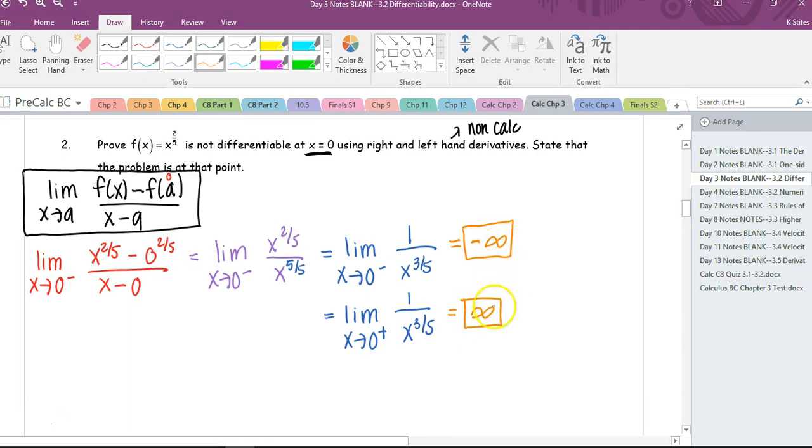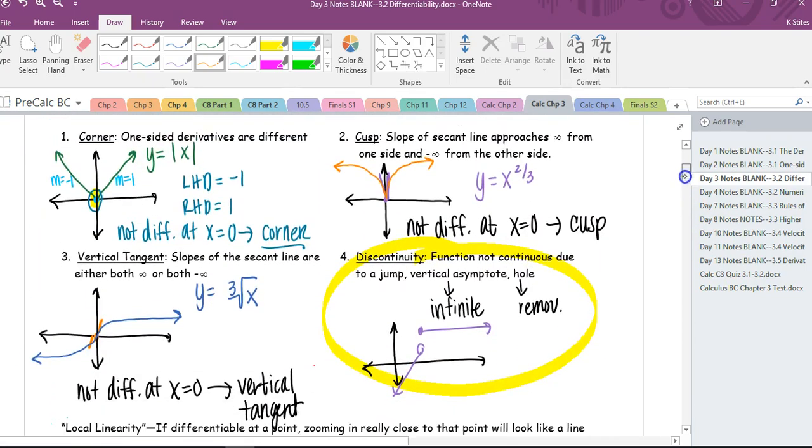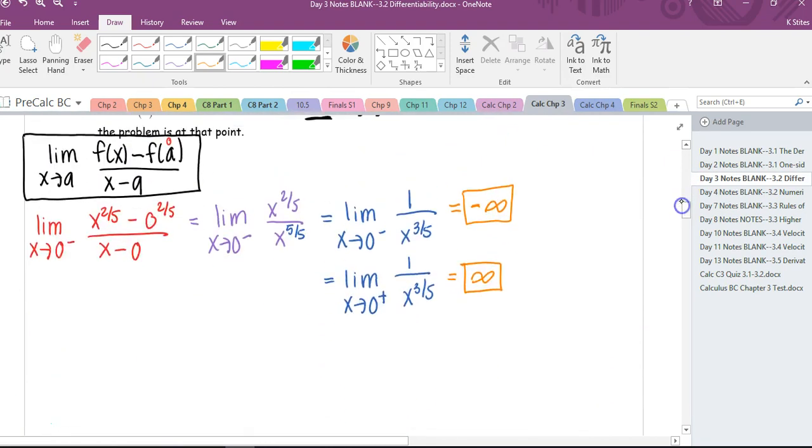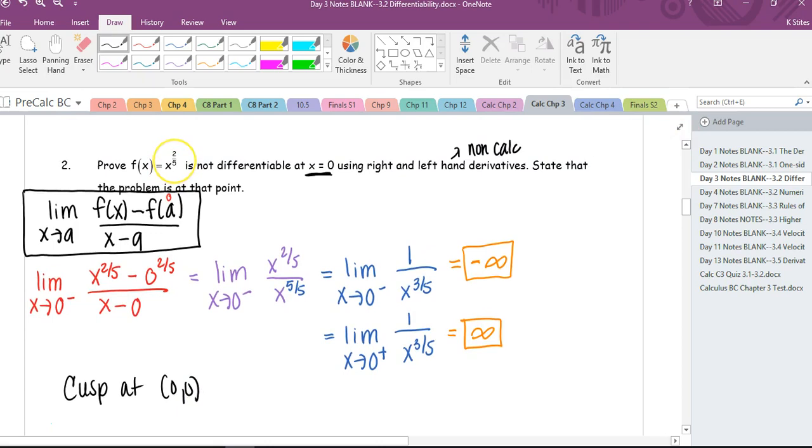Notice you're approaching negative infinity from one direction and positive infinity from the other. That means you are dealing with a cusp. So we have a cusp at x equals 0, specifically at (0, 0), because your x value is 0, and when you plug it in, you get a 0 as well.